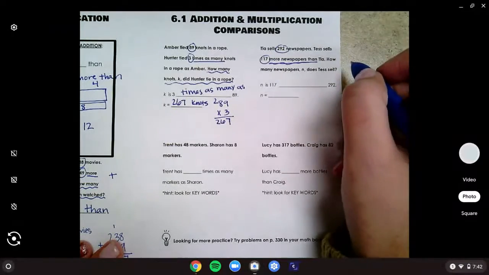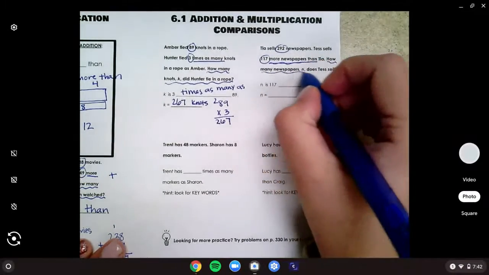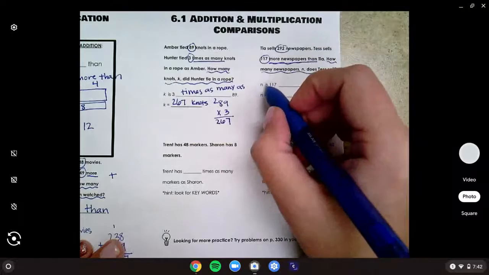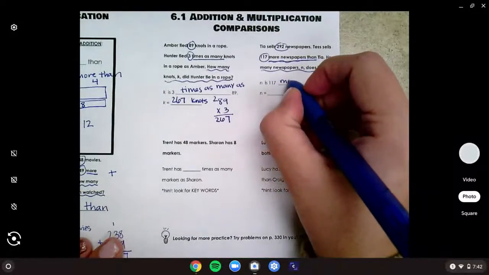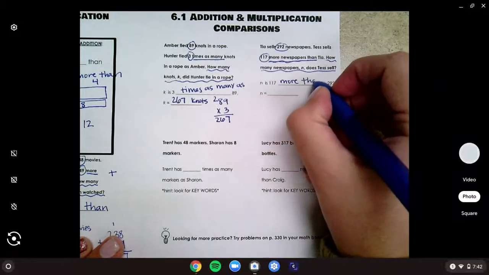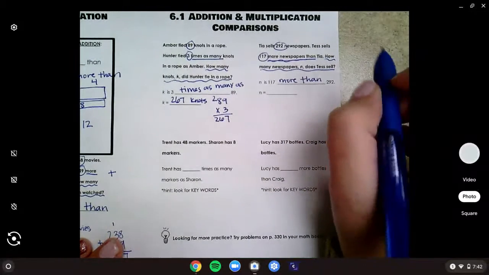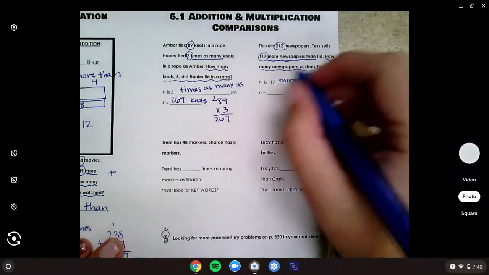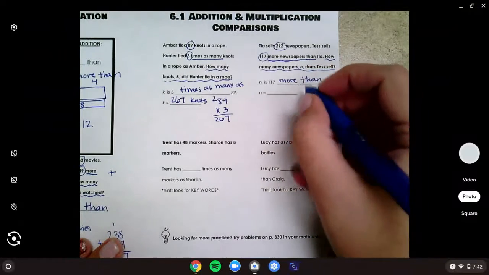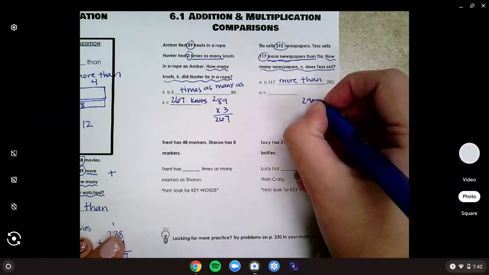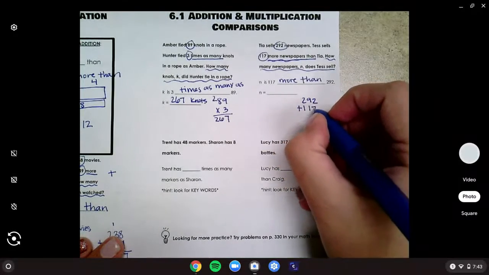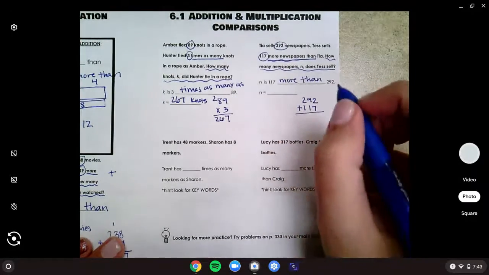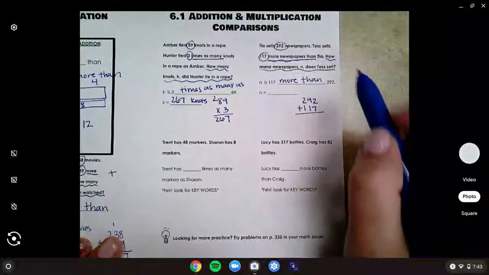All right. Tia, we know she sells more newspapers than Tess, and she has 292, and Tess sells 117. So how many newspapers does Tess sell? N is 117. What was that phrase? More than 292. We need to find n. So we should have had 292 plus 117, because it's more than, and the number is big.